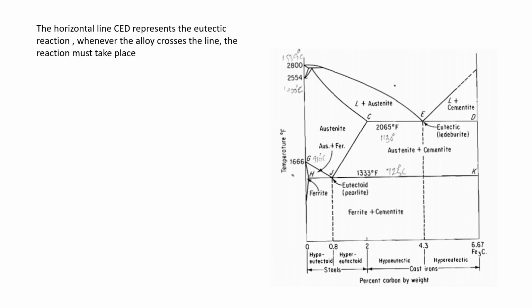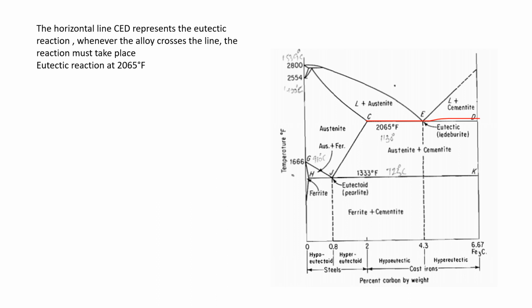The horizontal line CED represents the eutectic reaction. Whenever the alloy crosses this line, the reaction must take place.